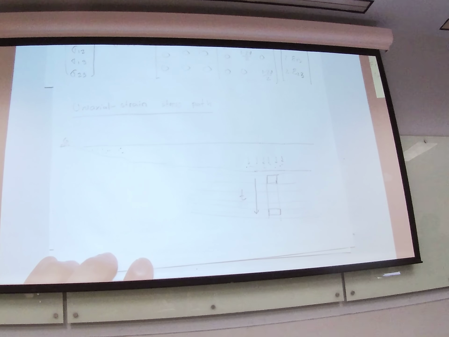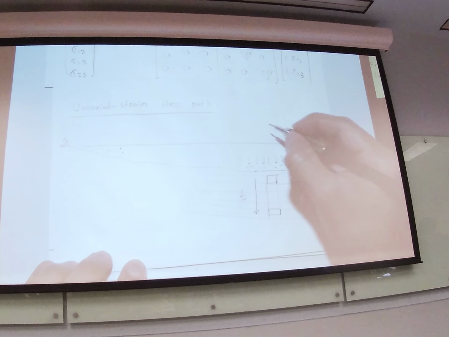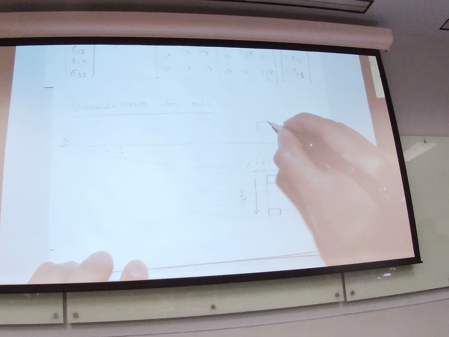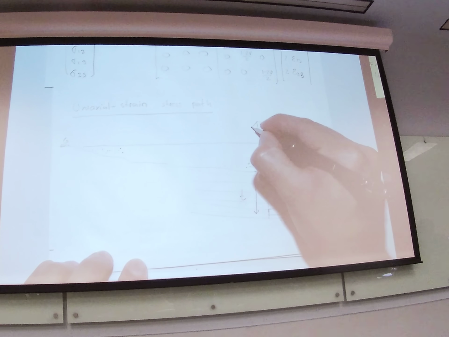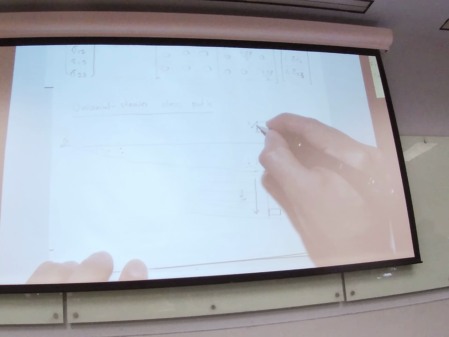So most of the compaction takes place in one direction. Let's say in this case I put a coordinate system which is 1, 2, and 3.